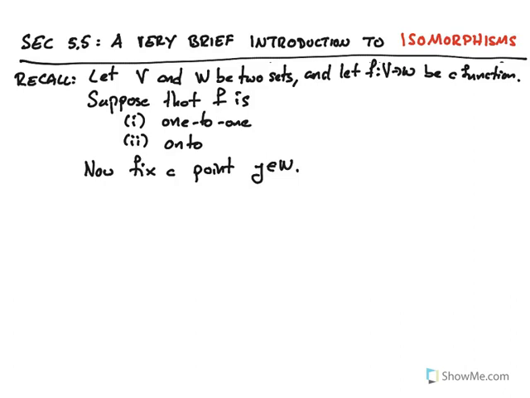So let V and W be two sets, not necessarily vector spaces, just on this slide, and let F be a function. Then assume that F is a function that is one-to-one and onto. So remember how this works.